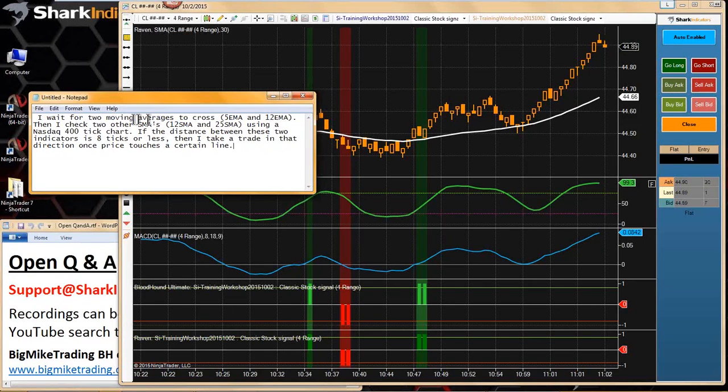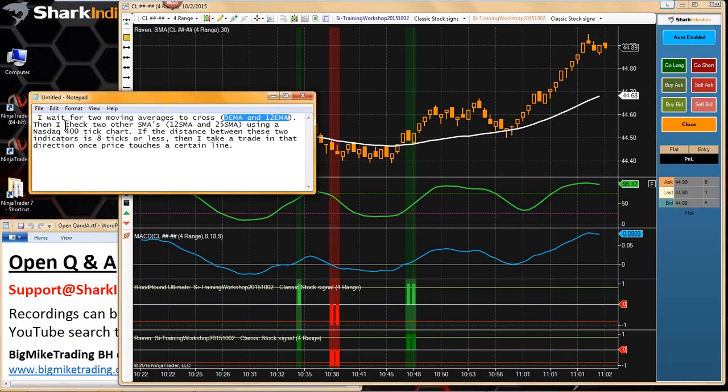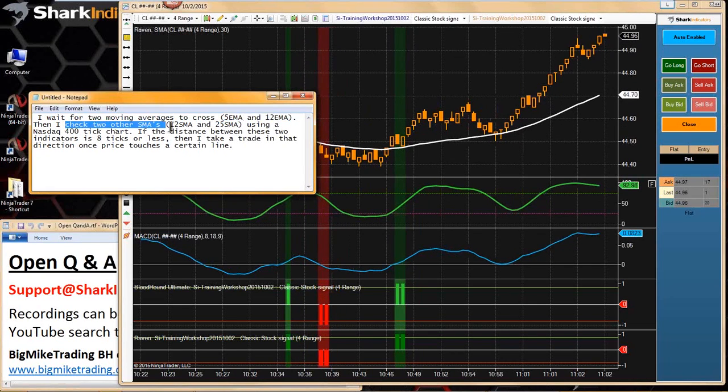So this question has 2 moving averages, and we're waiting for them to cross. So we've got an EMA 5 and 12. Then once they cross, the second condition is we're going to check for 2 other SMAs, our 12 and 25 SMAs.